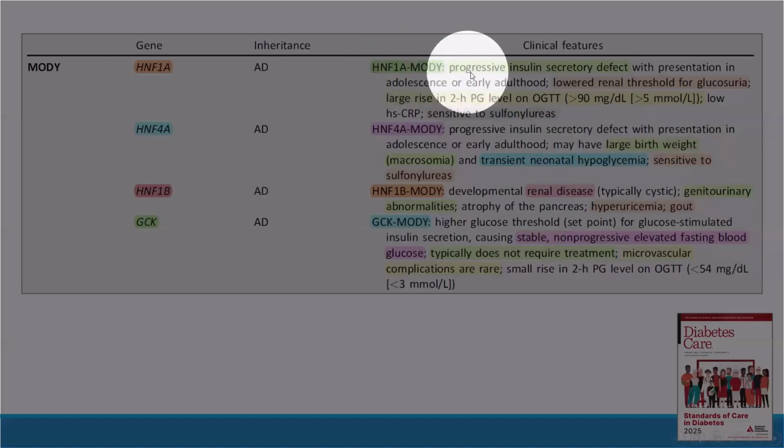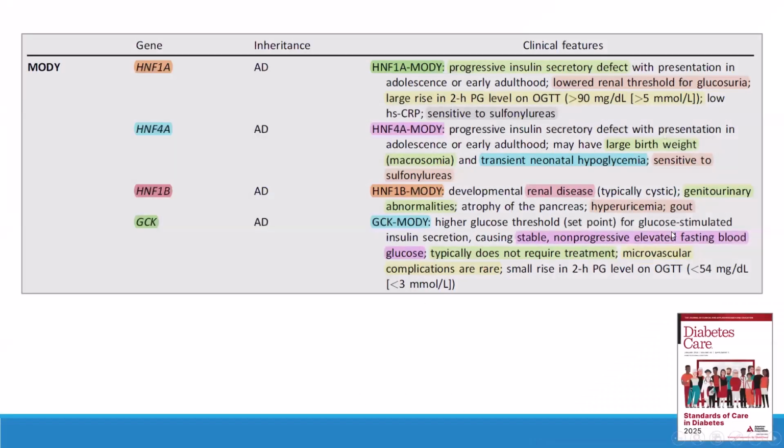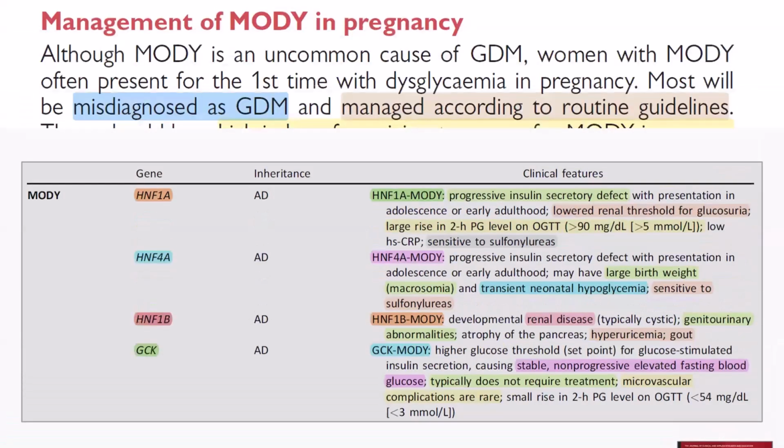HNF1 alpha: progressive insulin secretory defect, low renal threshold, sensitive to sulfonylurea. Glucokinase: stable, non-progressive, elevated fasting blood glucose, typically does not require treatment except during pregnancy, which may require insulin therapy, no microvascular complication, which is very, very rare.